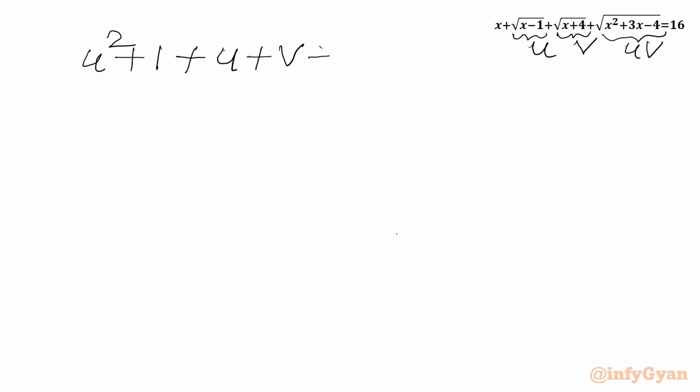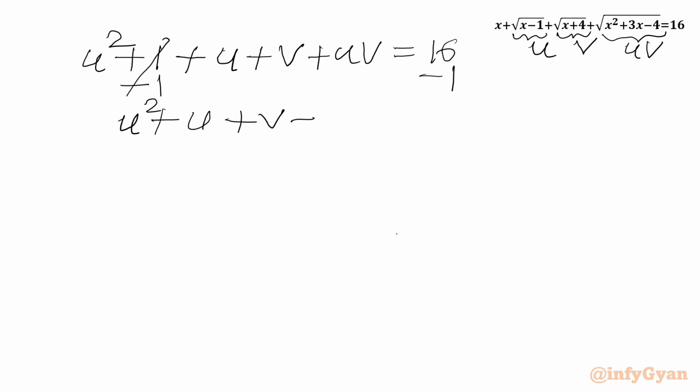So we'll write plus uv equal to 16. Now we'll subtract 1 from both sides. Plus and minus 1 will cancel. We'll write u square plus u plus v plus uv equal to 15.